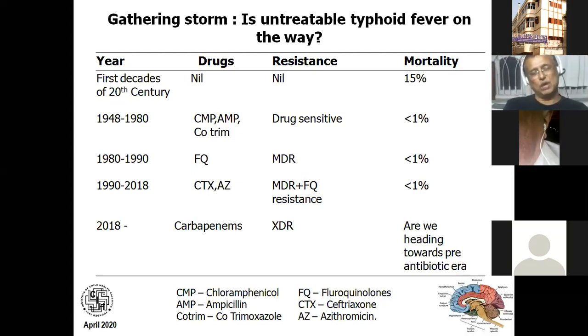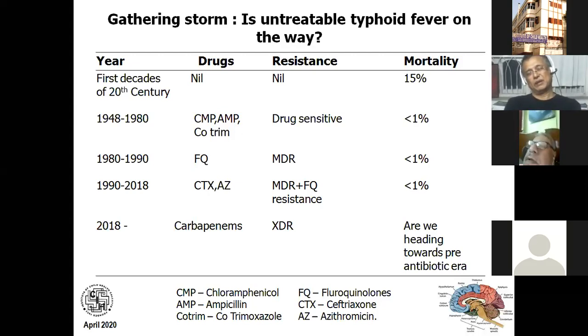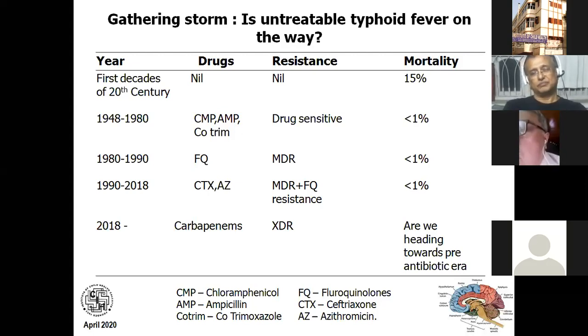But then in 2018, a paper was published from the Sindh province of Pakistan, which has shown that the Salmonella typhi has acquired resistance genes not only against first-line drugs, but also against fluoroquinolones and ceftriaxone, through transposons or jumping genes. And they were only susceptible to carbapenems.